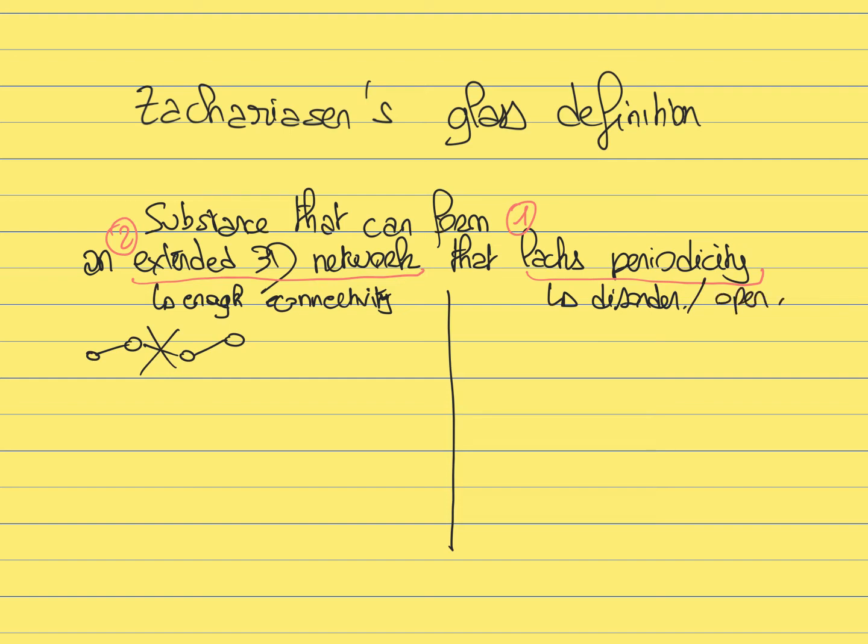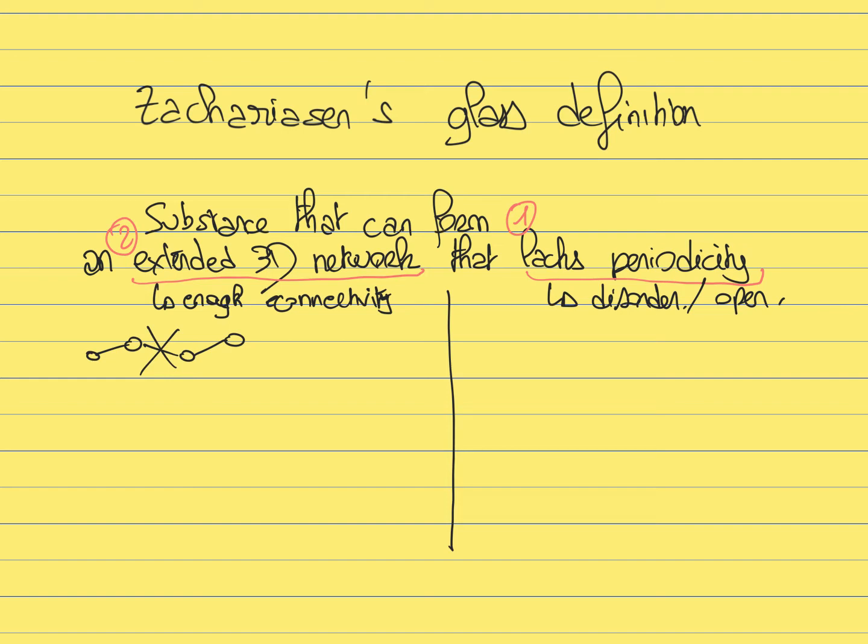If the structure is too connected, then it would be impossible to form a disordered structure. We will see some examples of that. But if the structure is too connected, then you would not have enough flexibility to form a structure that is not periodic, a disordered network.